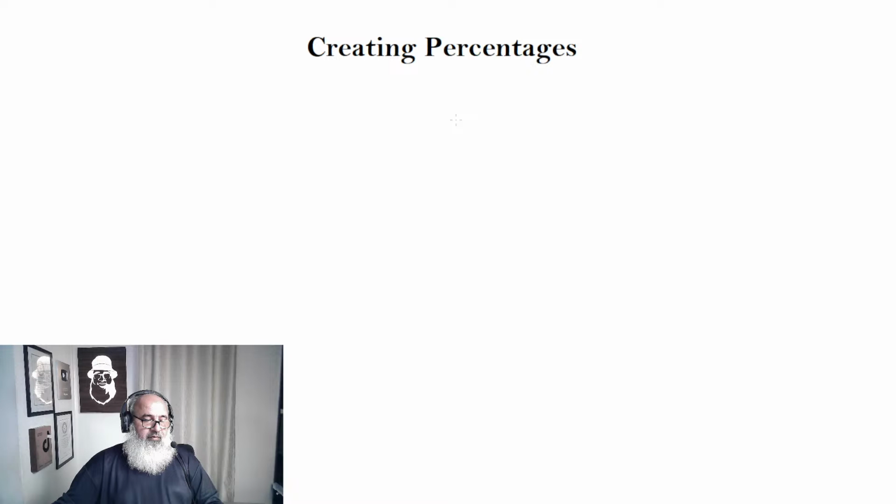And let's say the denominator is 50. If we have 8 over 50 and we want to convert this fraction to a percentage, the first thing we should try is to convert this denominator to 100. It's very easy here.